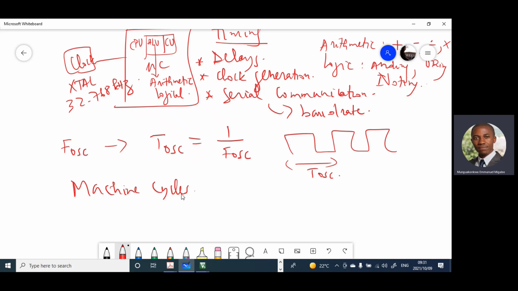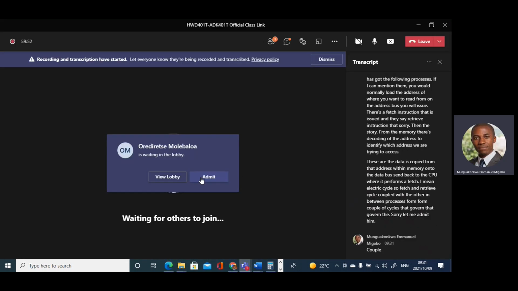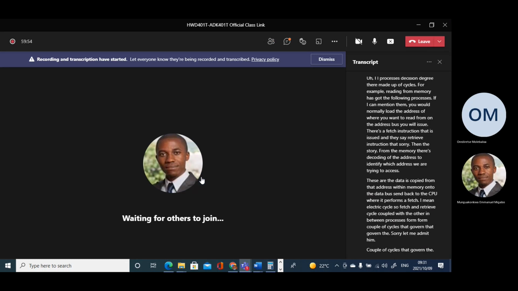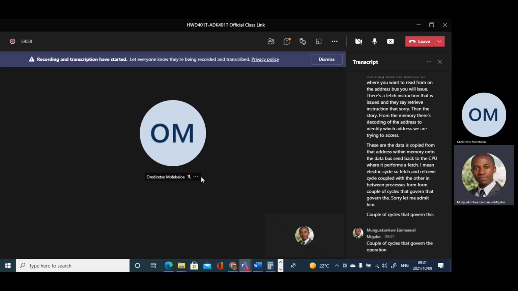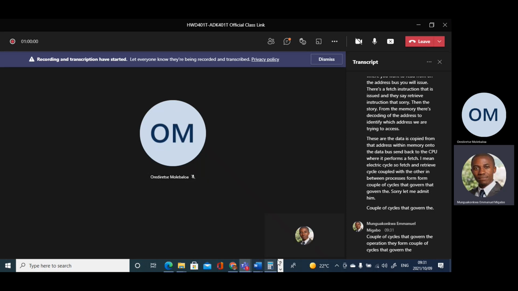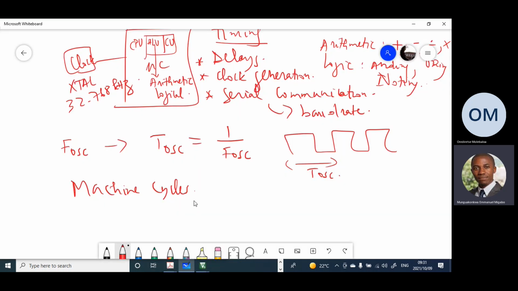So fetch and retrieve cycles coupled with the other in-between processes form a couple of cycles that govern the operation of the execution of an instruction. So we call them machine cycles.